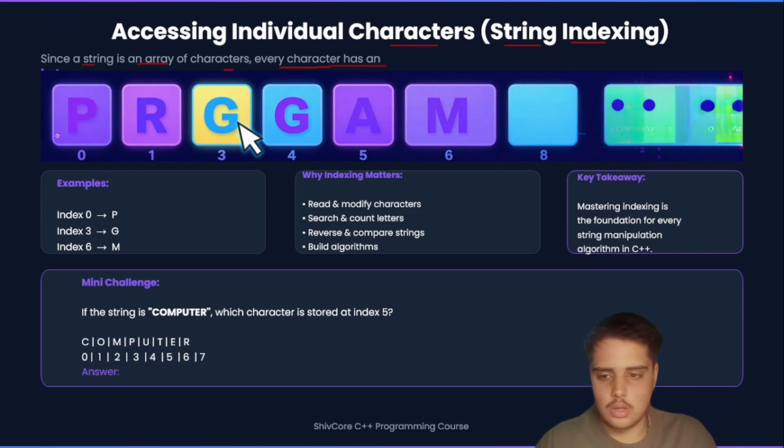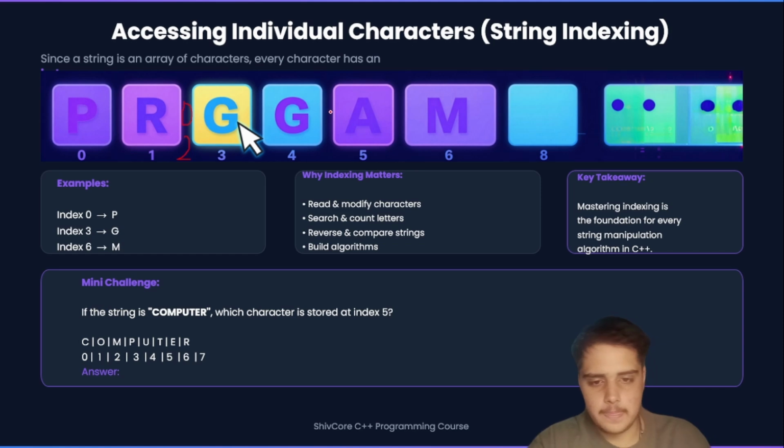For example, if the string is program, at index 0 we have P, at index 1 R, O is here at index 2, G at 3.